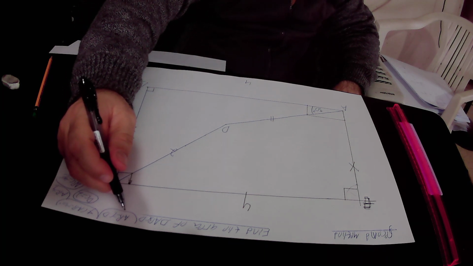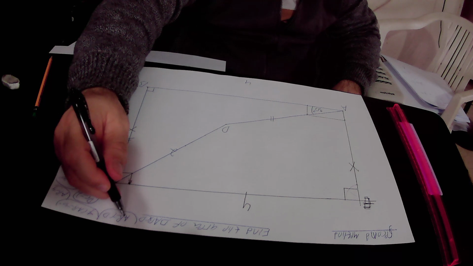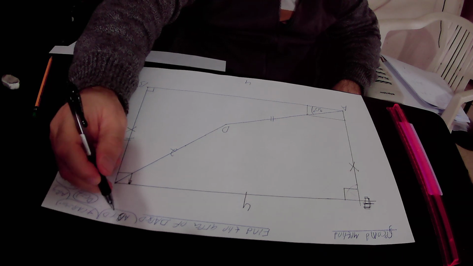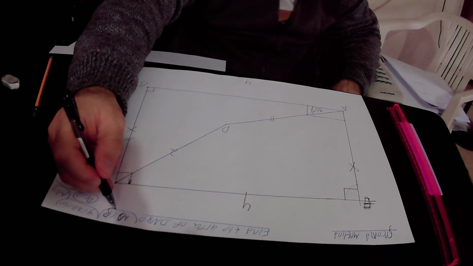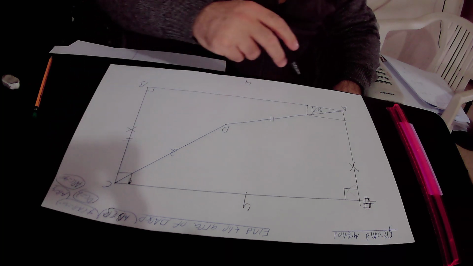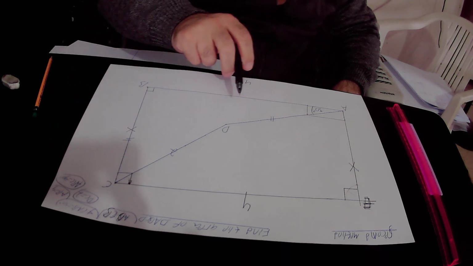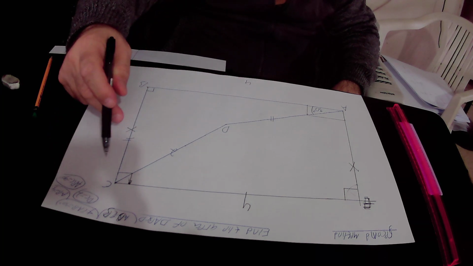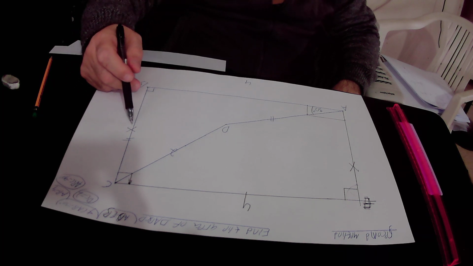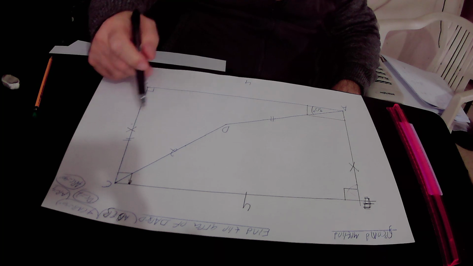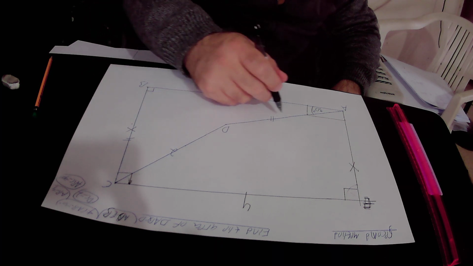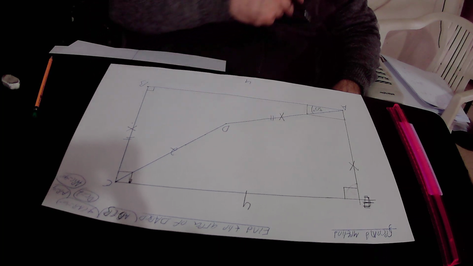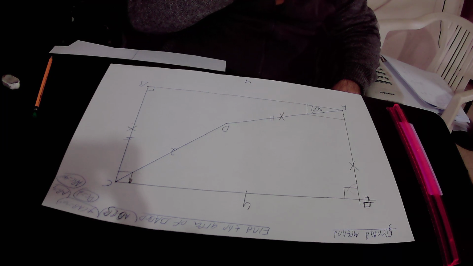AD equals CB. That is what is given in the question. Again, AD equals CB. But CB equals X. Therefore, AD will also be equal to X.